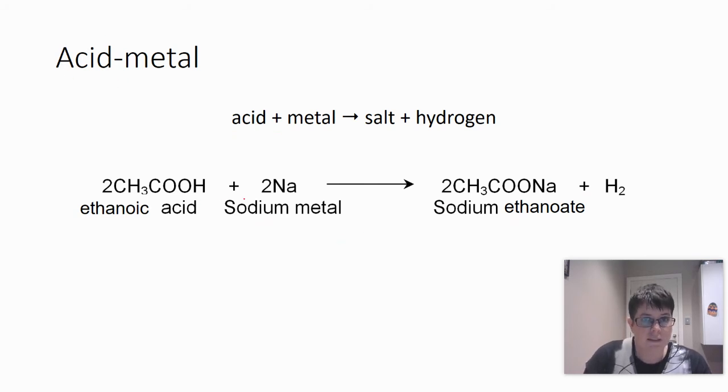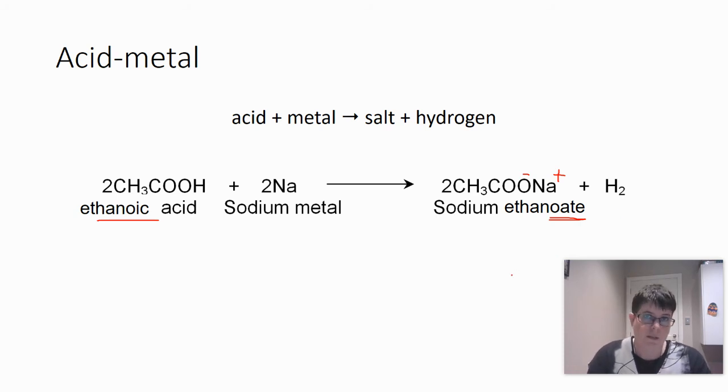Now, because they are acids, they'll react with metals to form a salt plus hydrogen. And the salt these acids form is known as -oate at the end. So ethanoic acid forms ethanoate. In this case, the ion is sodium ethanoate. So we could put a negative there and a plus there to show that those are ions.